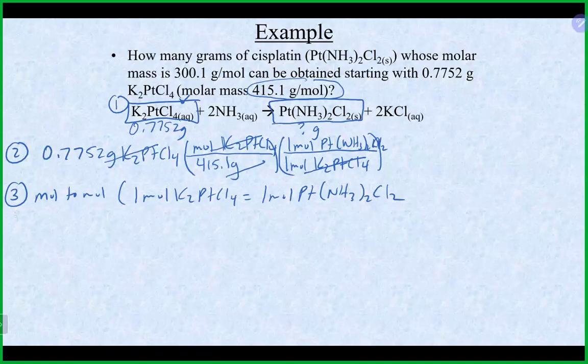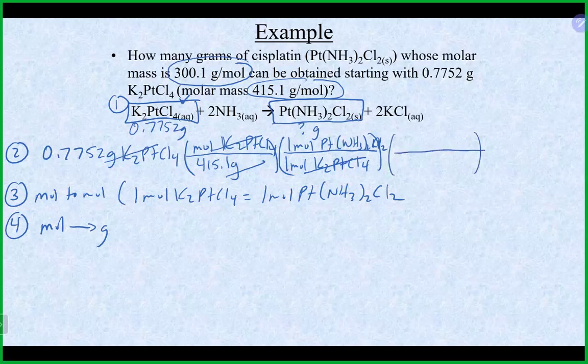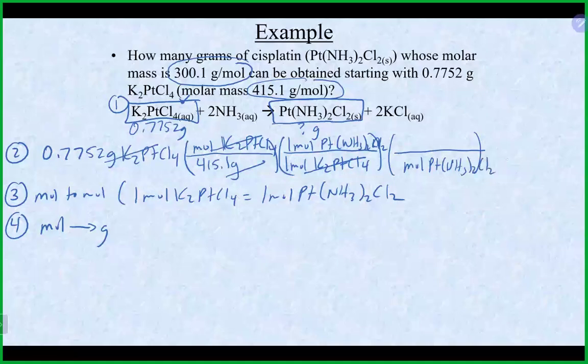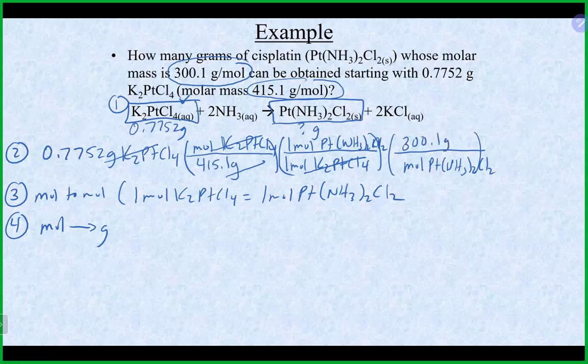So we do have to do the last step, which is take our moles to some other unit. Once again, in this problem, they actually gave you the molar mass. If they did not, again, you would have to go calculate it yourself from the periodic table. So using the molar mass that was provided for us, we want moles to cancel. So moles of our product here. And grams, which was 300.1 grams.